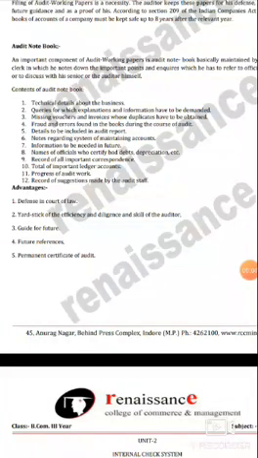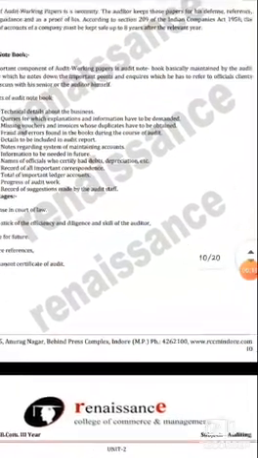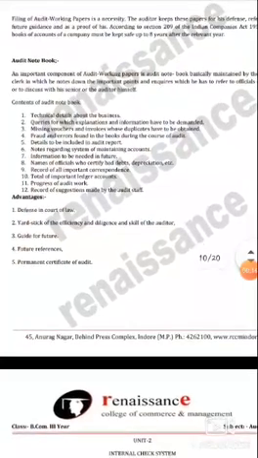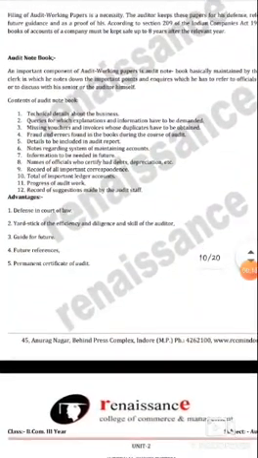Now, the topic is the audit notebook. An important component of audit working papers is the audit notebook, basically maintained by the audit clerk, in which he notes down the important points and inquiries which he has to refer to the officials or discuss with the seniors or the auditor himself. So the notebook is about the things which they have to do later.